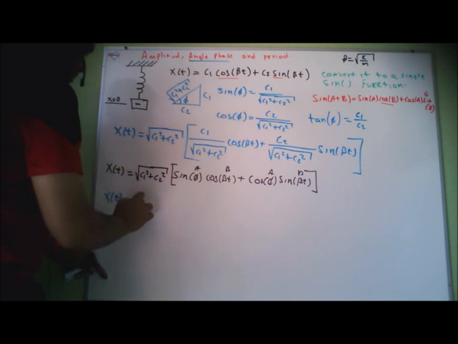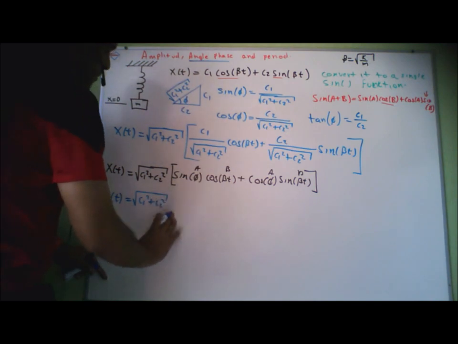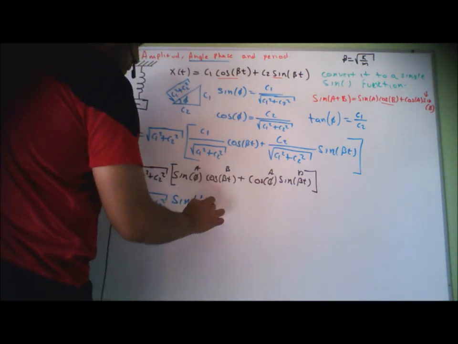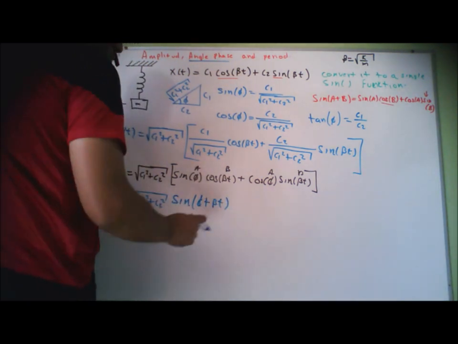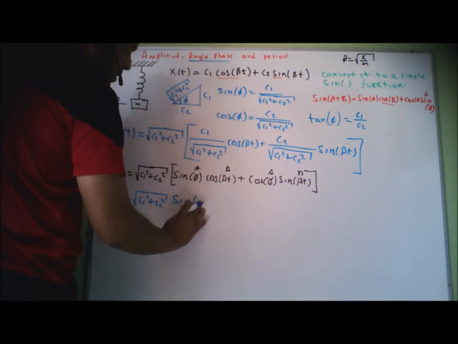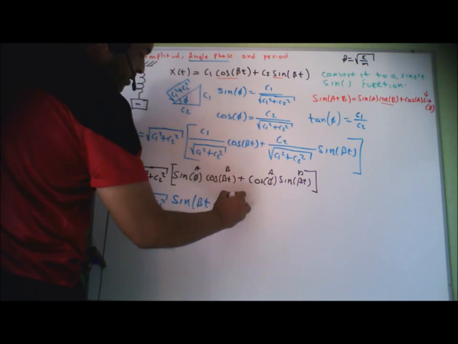So x of t is equal to the square root of C1 squared plus C2 squared times just the sine of beta t plus phi.